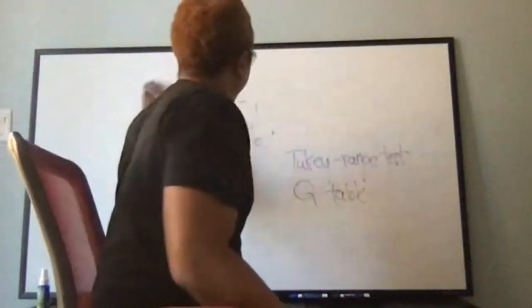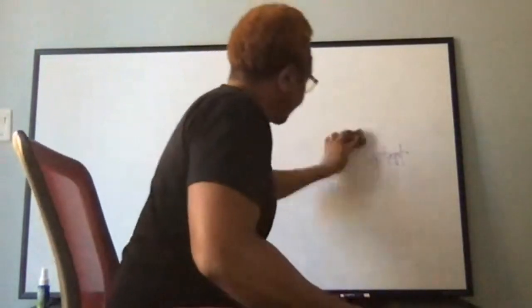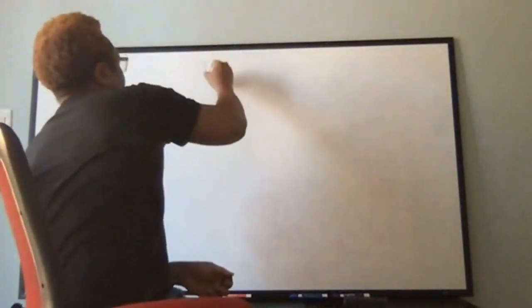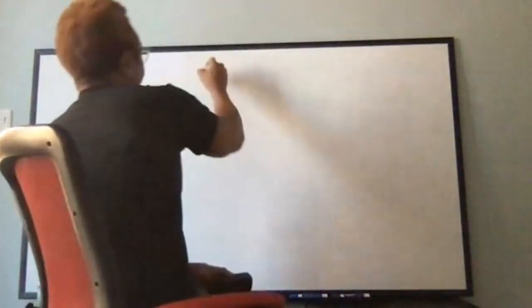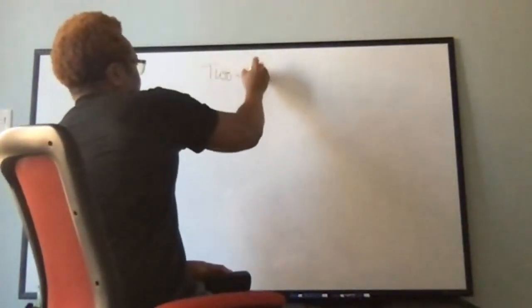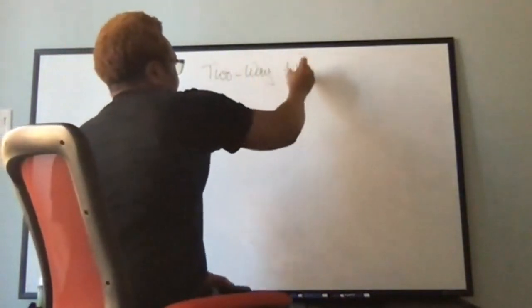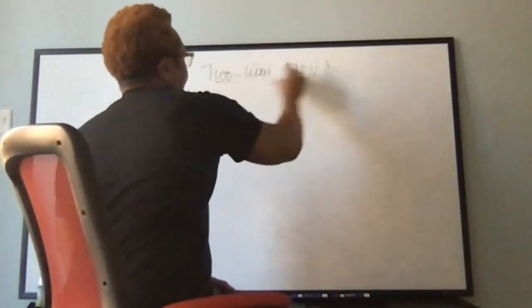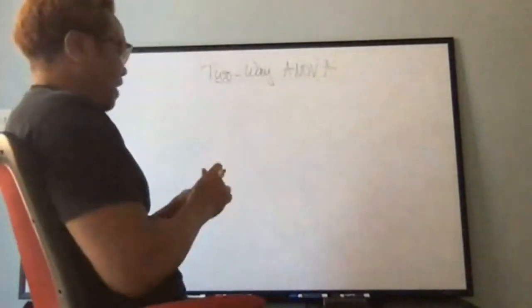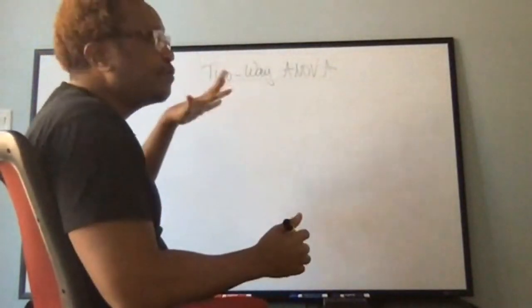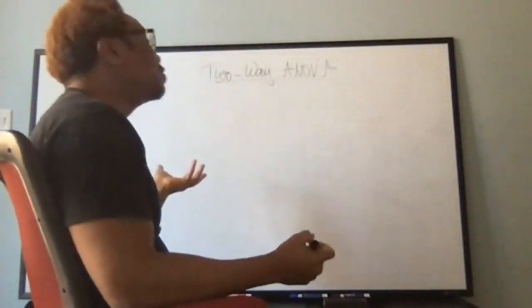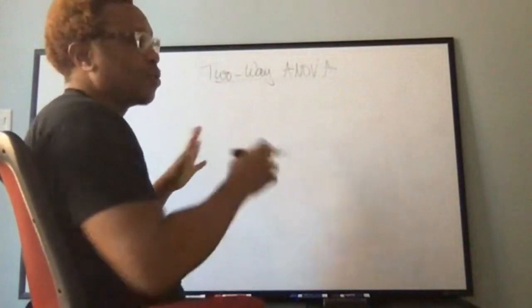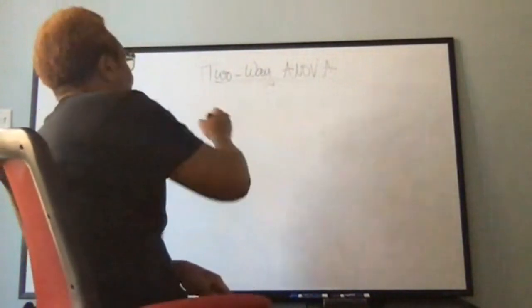Okay, all right. Then we went to two-way ANOVA. To try to be a little bit clearer. Two-way ANOVA. Okay, here, this is when we have two factors trying to give you information on like what you're comparing, right?